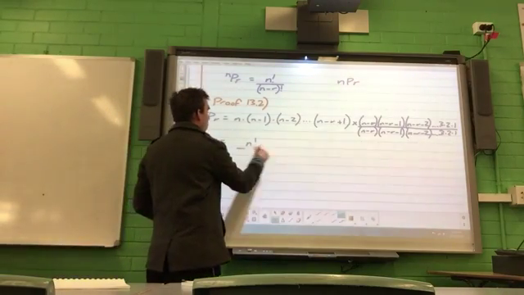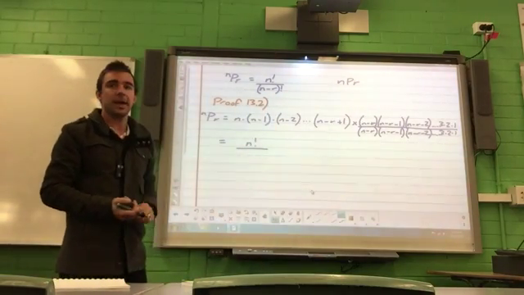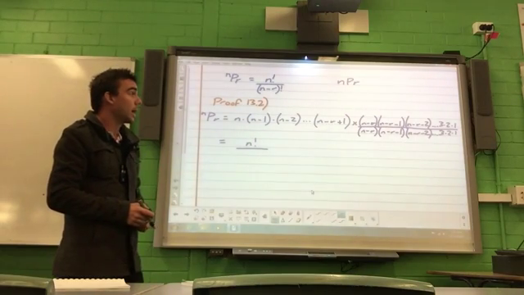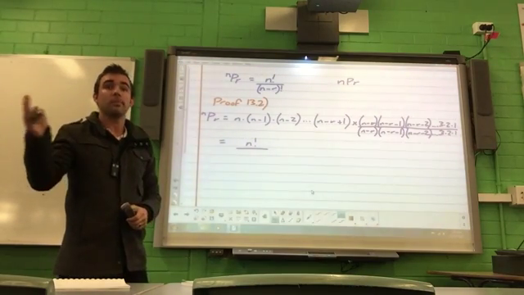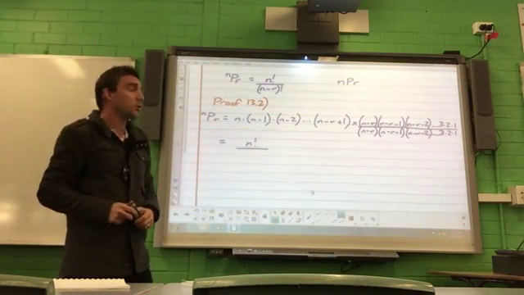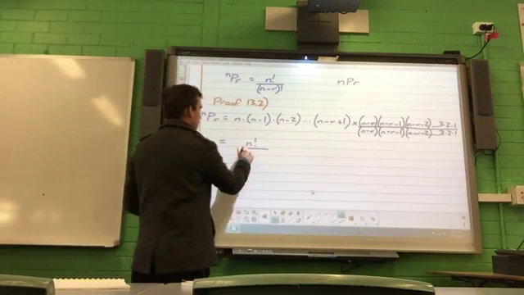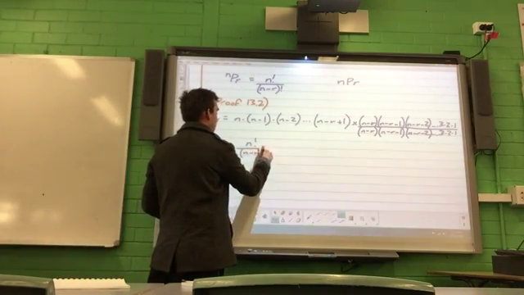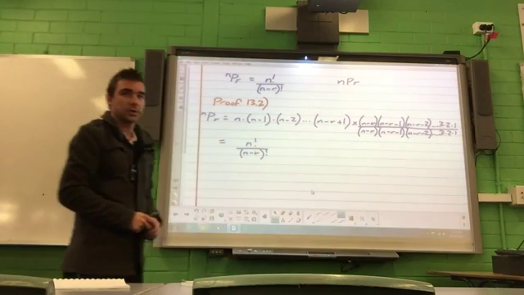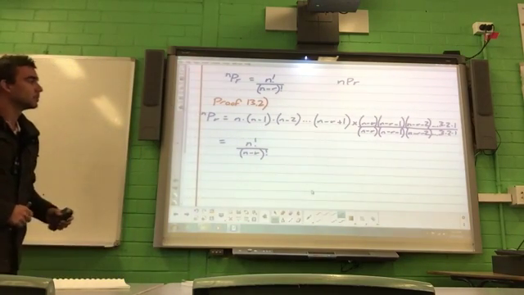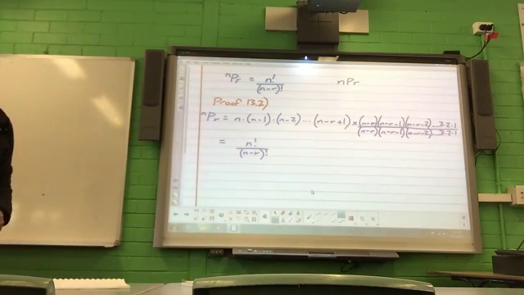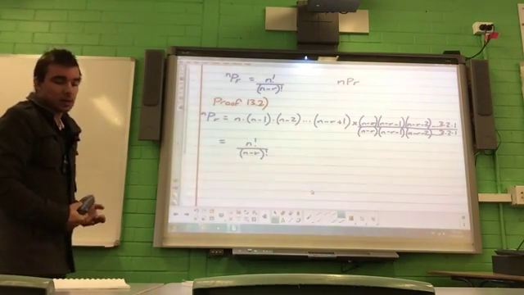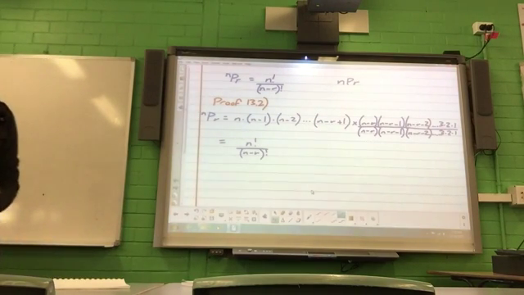On the bottom of the fraction, I'm starting at n take away r, then multiplying by 1 less right through until I get to 1. So this is n take away r factorial. If you didn't quite understand that, that's okay. You need to know the result.